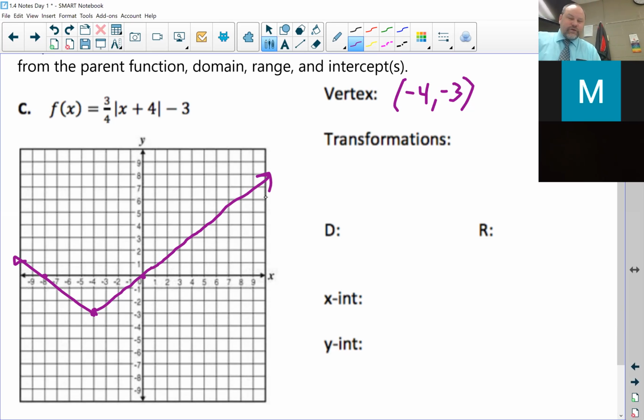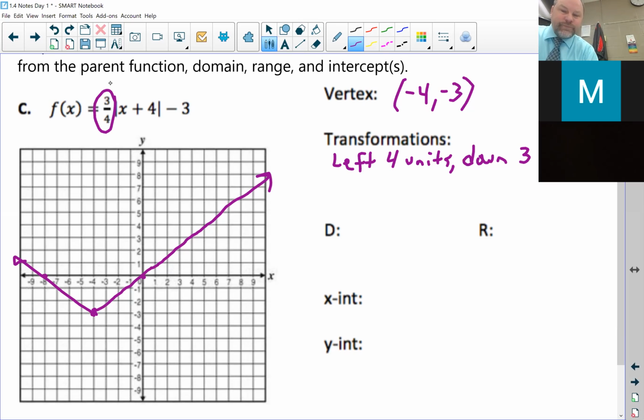All right, so the transformations, again, the x coordinate is negative, so that means I went left 4 units. The y coordinate is negative, so I went down 3 units. This value in front of the absolute value is a fraction that's less than 1.